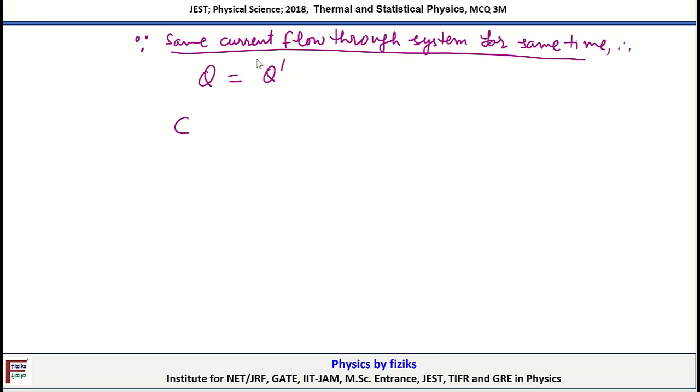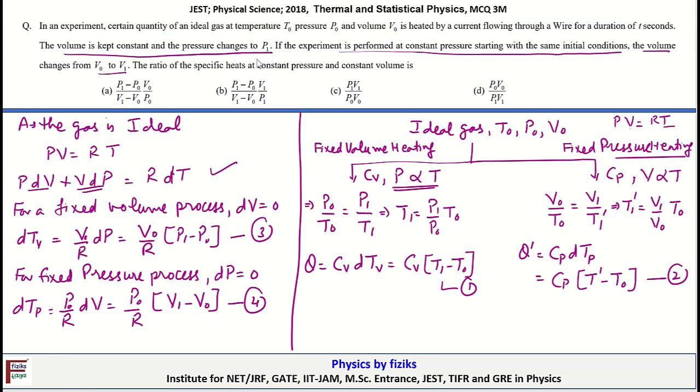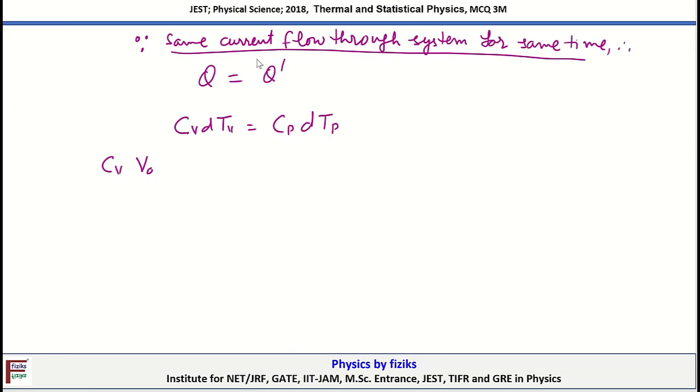Therefore CV dTV is equal to Cp dTP, using the values of dTV and dTP from equations 3 and 4. So V0 by R multiplied by (P1 minus P0) is equal to Cp times P0 by R into (V1 minus V naught).